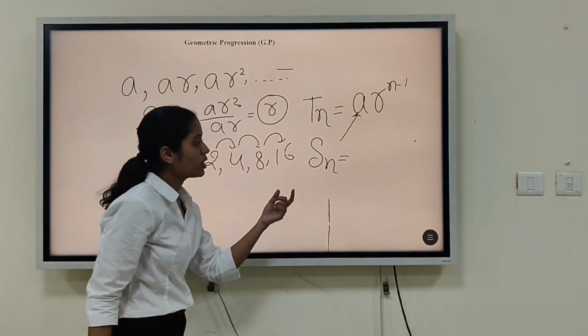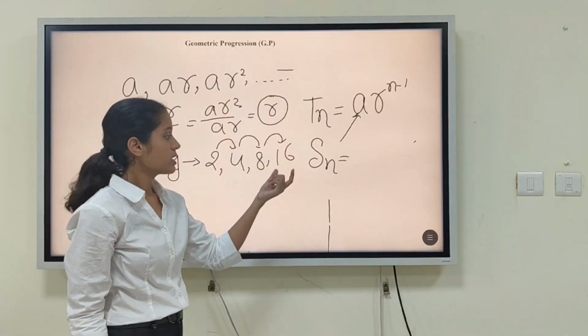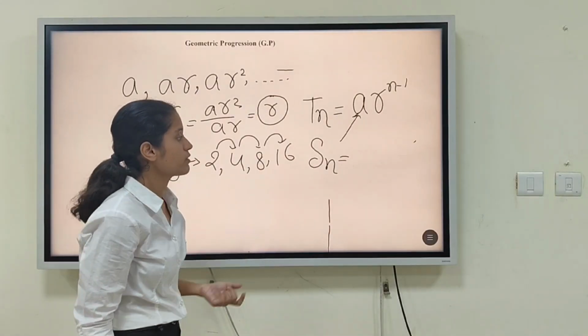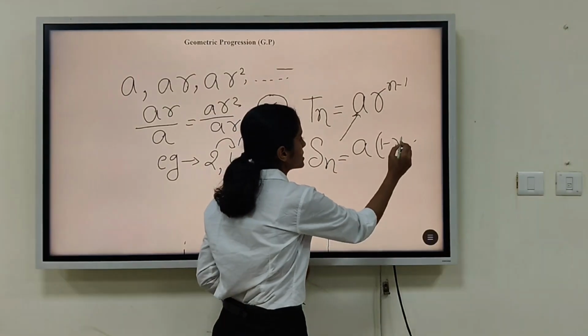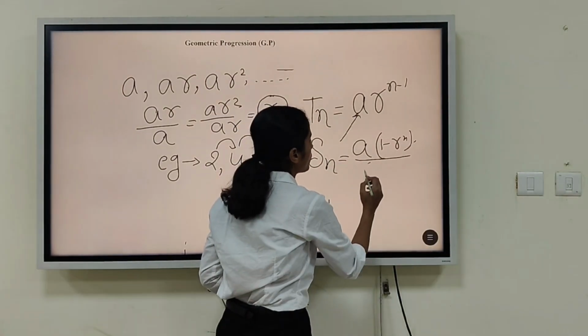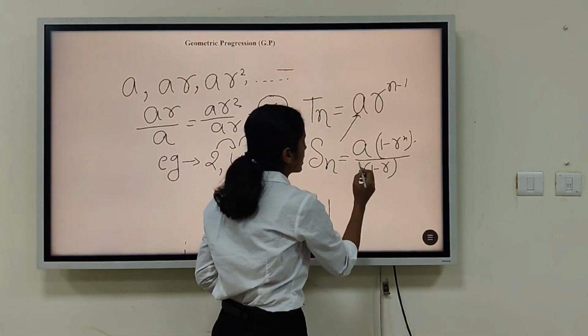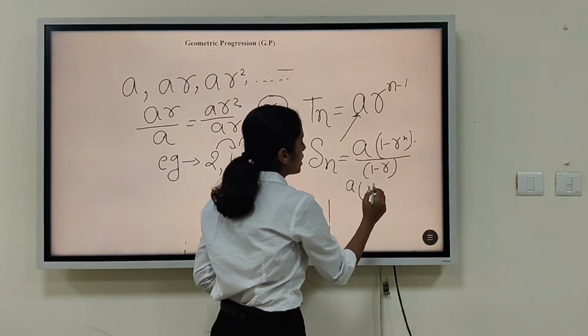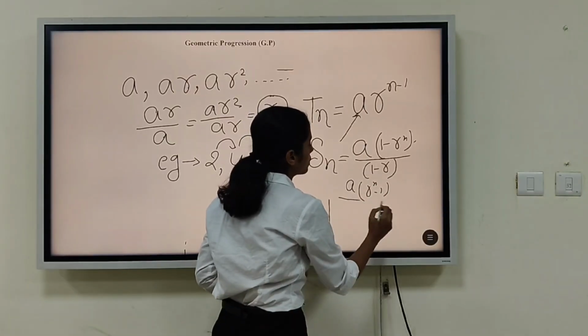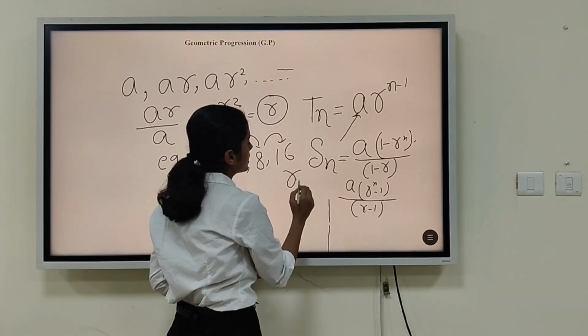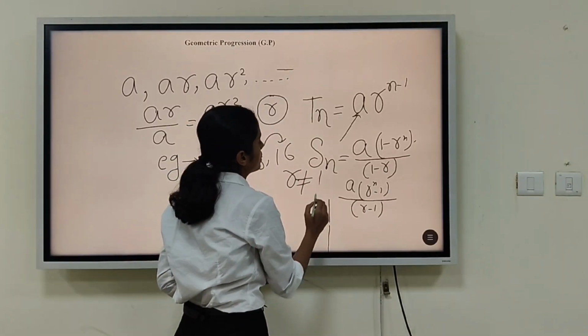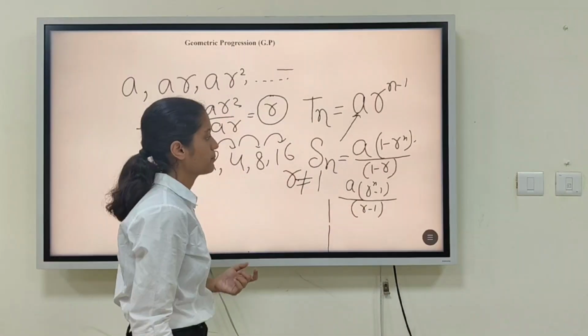Now we will see the formula to find the summation of the first n terms of the GP, which is equal to A into 1 minus R^n upon 1 minus R. We can also write it as A into R^n minus 1 upon R minus 1. Here the value of R is not equal to 1, otherwise it will be undefined.